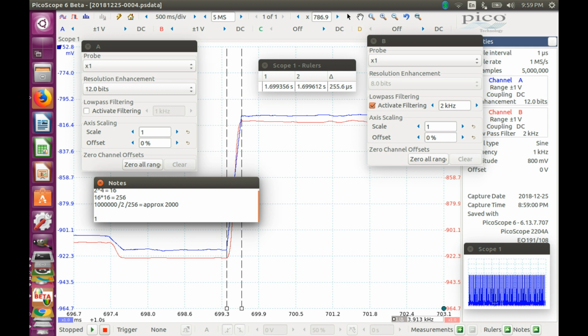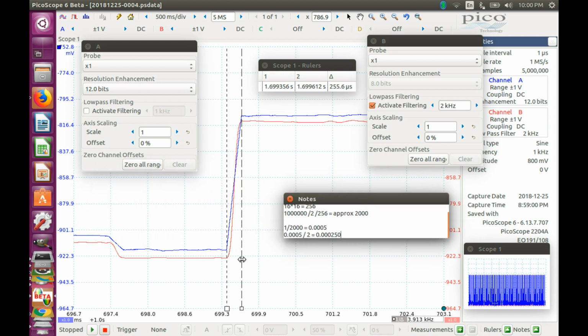So we need to take 1 divided by 2000 and get 0.0005, and then if we divide that number by 2, we are going to get 0.000250, and that is exactly the 250 microseconds that you are seeing here.